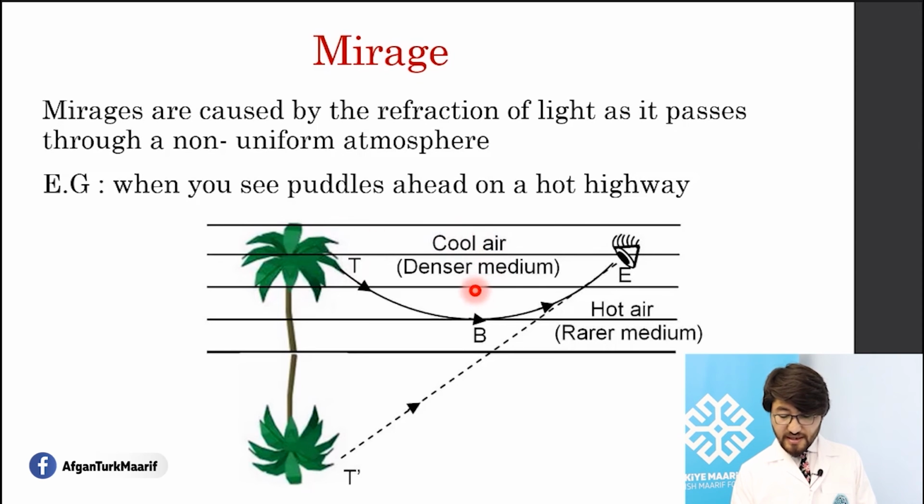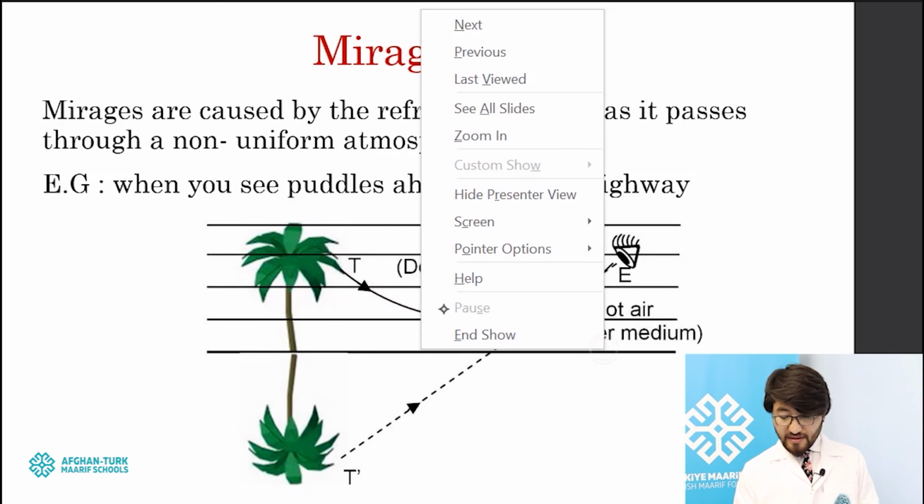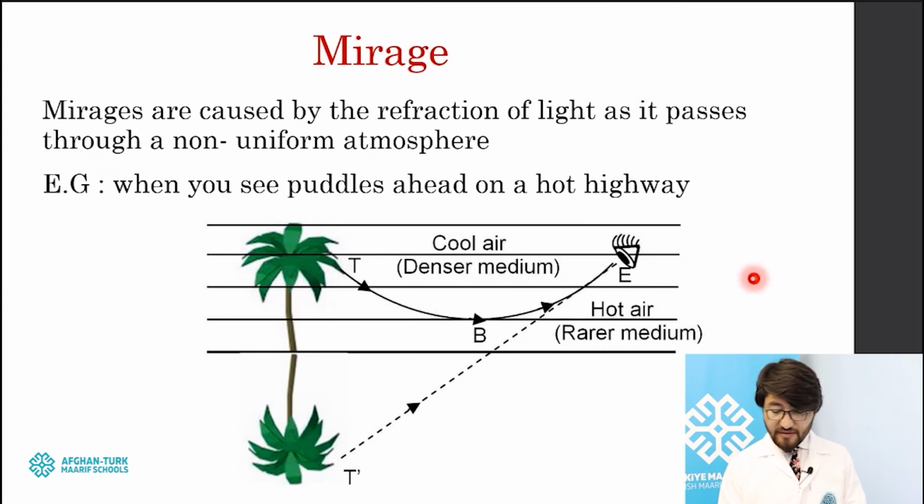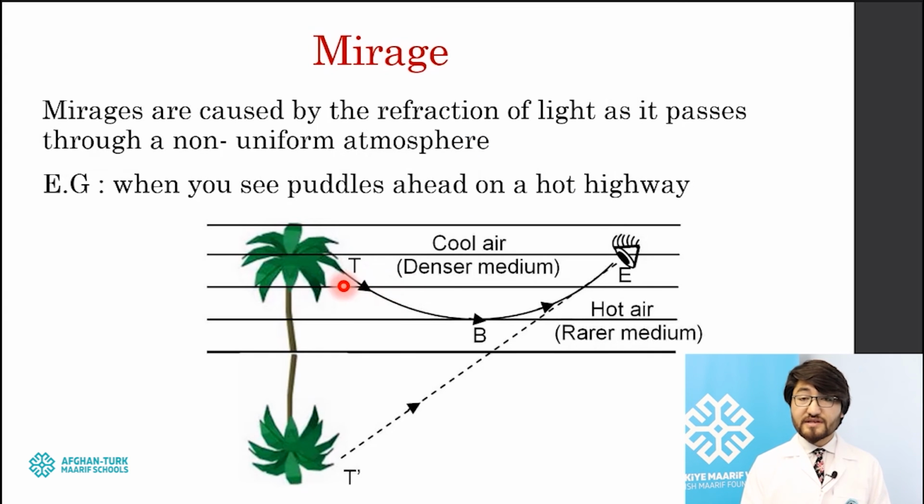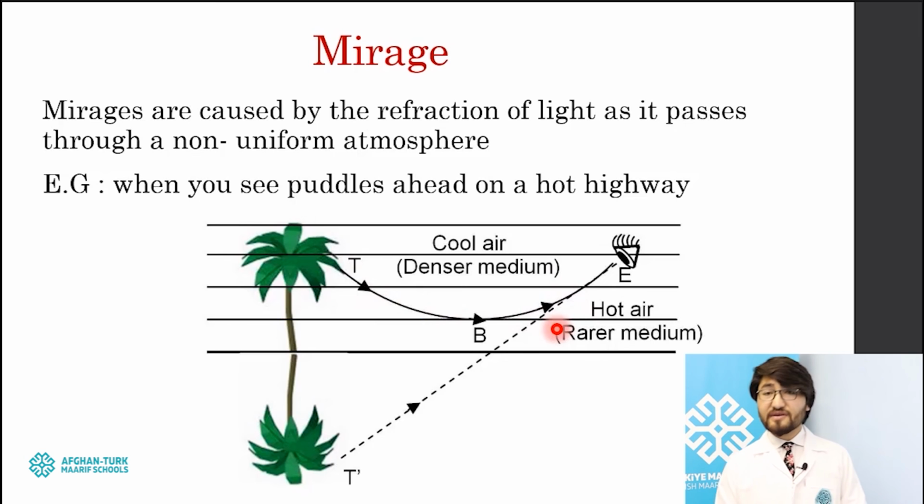Cold area is denser medium. And here we have hot air, it means rarer medium. And if the light travels from denser medium to rarer medium, the angle of incidence is increasing, the angle of refraction is also increasing. And you know that the refracted ray bends away from the normal.